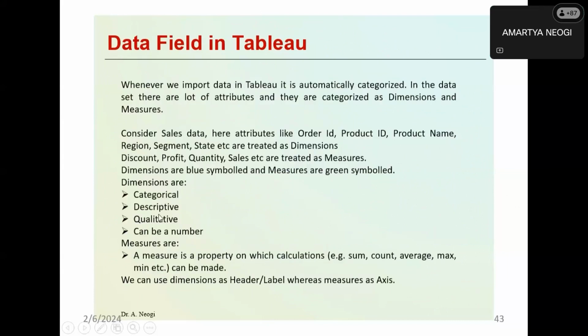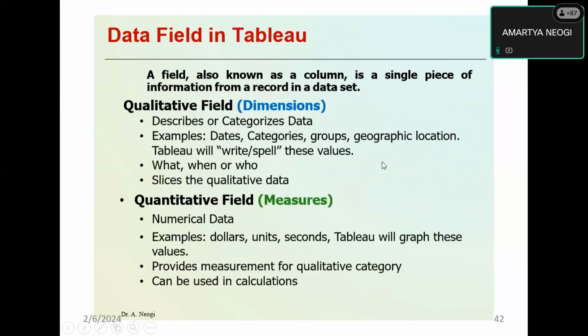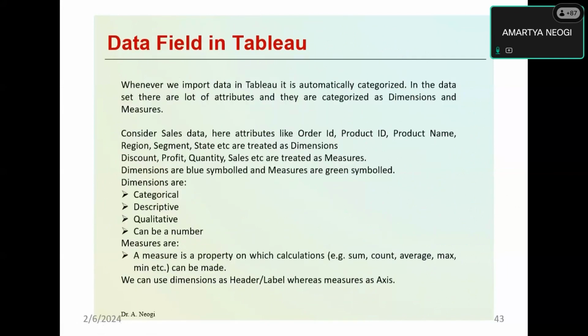Now, this is considered an example of sales data. Order ID, product name, segment, state, all will be categorized as dimensions. Why dimensions? Because these are qualitative attributes. And, for example, what are the measures in this situation?